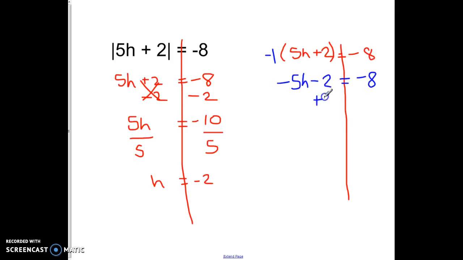I'm going to plus 2, plus 2. So we have negative 5h equals, and negative 8 plus 2 equals negative 6. So then we're going to go ahead and divide by negative 5.